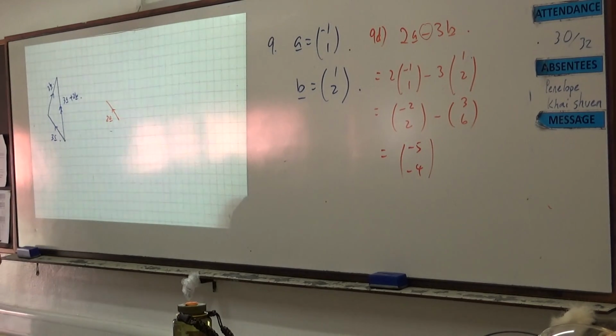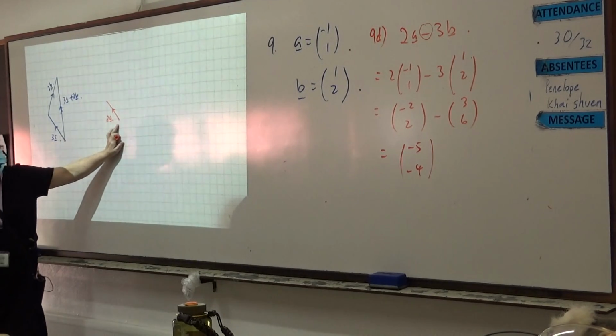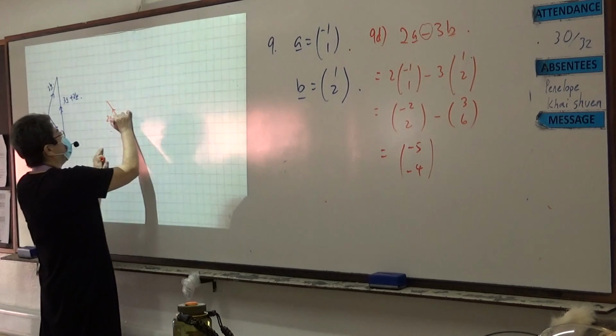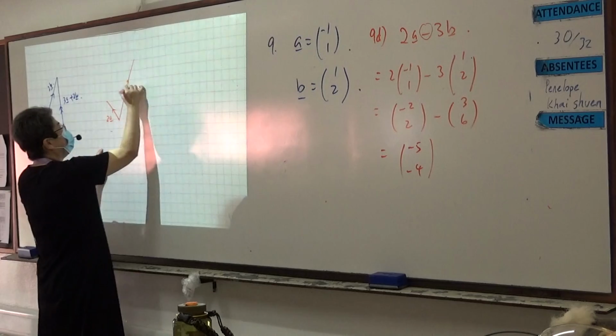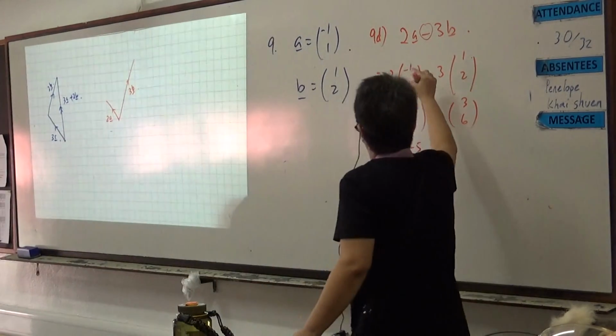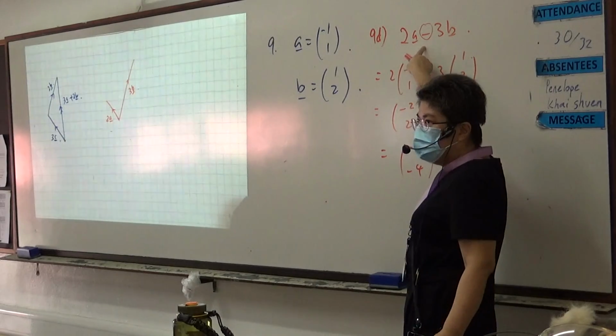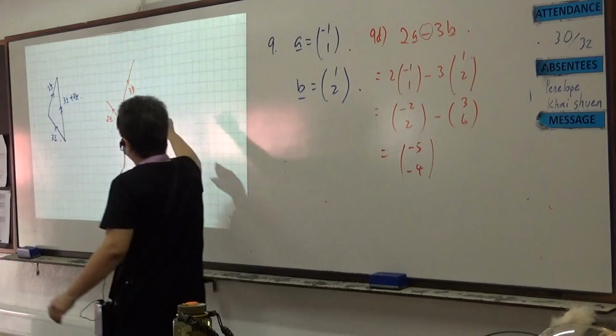Alright, 3b. I must start from the same point. Agree, class? 3b. Now, 2a minus 3b, so I must point at where? 2a. I must point at 2a.